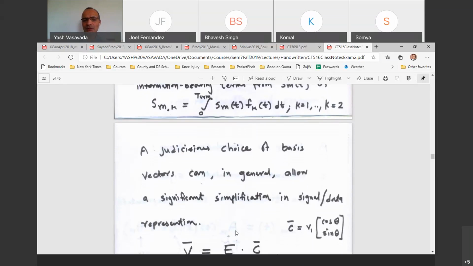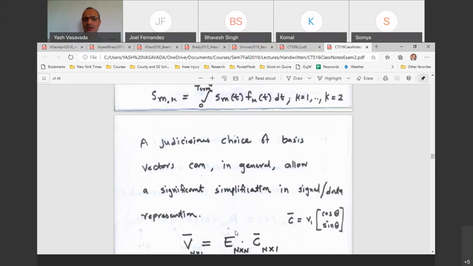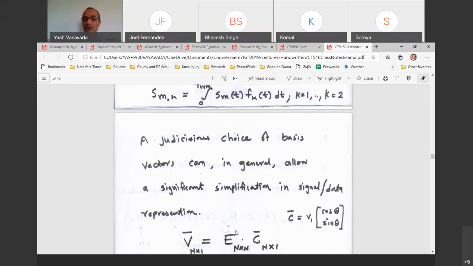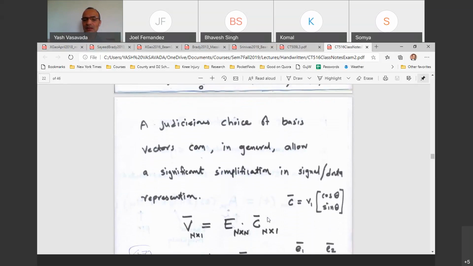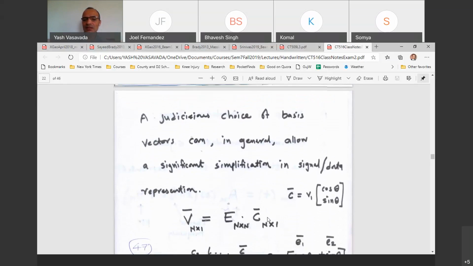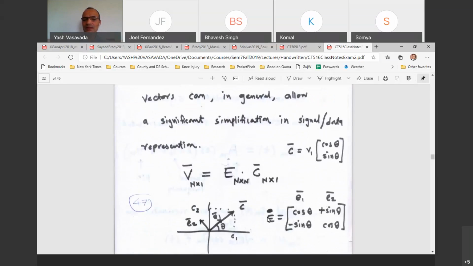But what if I do a basis function transformation? What if I take this C and multiply it by this basis matrix that I have carefully chosen so that it rotates the coordinate axes and brings them into alignment with this vector C itself?